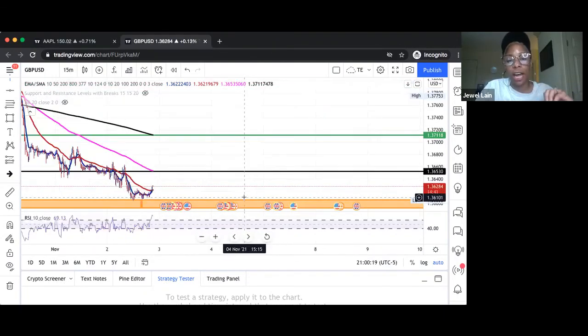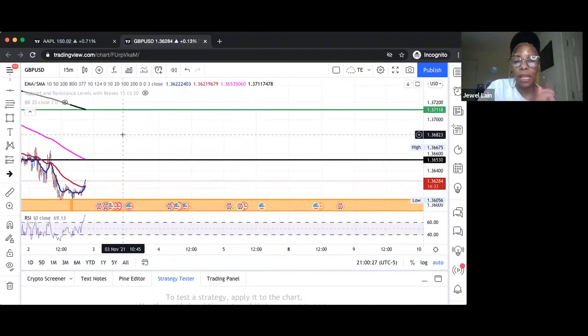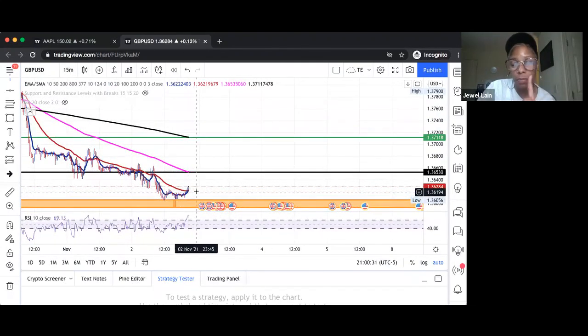And the trend line that you have is your 50 EMA. So my candles right now are trying to break this trend. But let's be cautious, because all your candles could possibly do is come up to this resistance and then come back down to sell. Or it could say, hey, I'm tired of selling, I'm about to break and continue to go up.